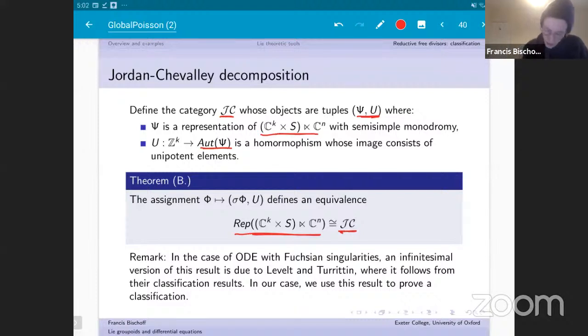And in fact, in the case of ordinary differential equations with Fuchsian singularities, an infinitesimal version of this result is due to Levelt and Turrittin. For them, I believe, it follows from their classification results, whereas in my case, it's being used to prove the classification result. So the logic is flipped here.